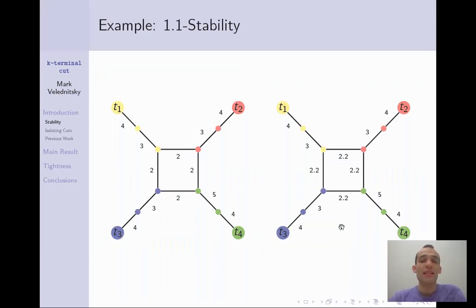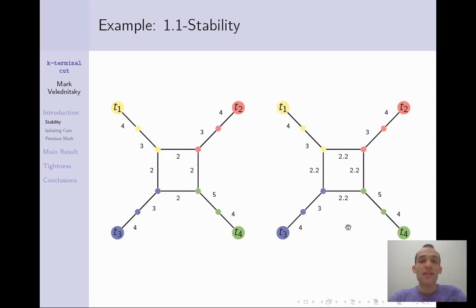So just to give you an example of this, let's say that we took this graph. On the right, we have a 1.1 perturbation of the graph. And it turns out that in this perturbation, the optimal cut is still the cut that was optimal in the original graph.